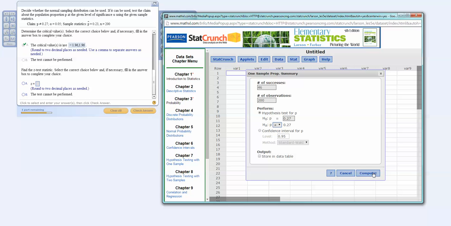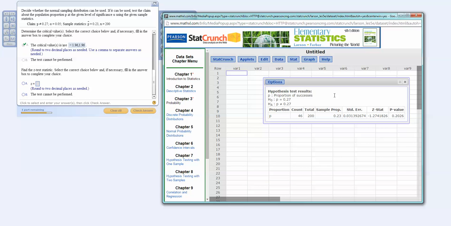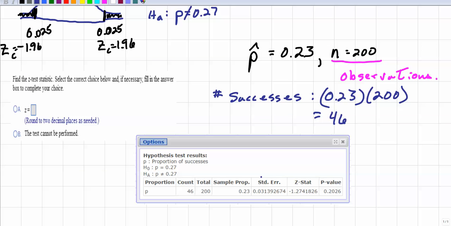We will left click compute, and this will bring up another pop-up window. Looking at our pop-up window, we see that the z-stat is negative 1.2741826. But remember that we're going to round to 2 decimal places, so we will simply put in negative 1.27.